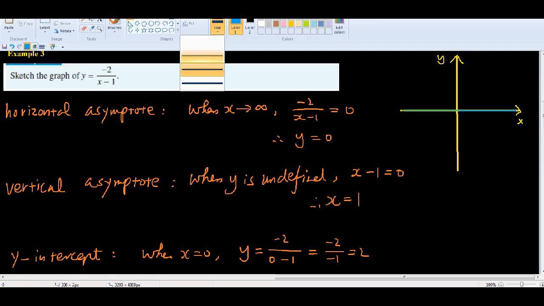The x-axis will be the asymptote. And the vertical asymptote happens when x equals 1, so let's draw it. It's something like this. So it's 1.